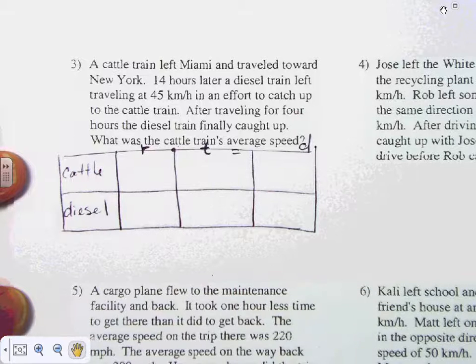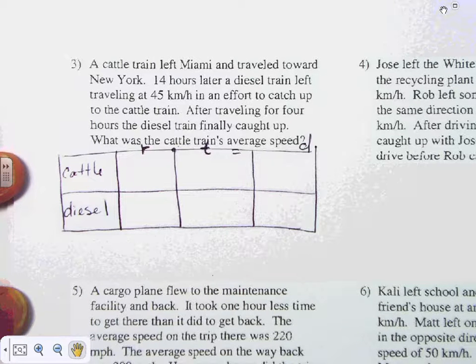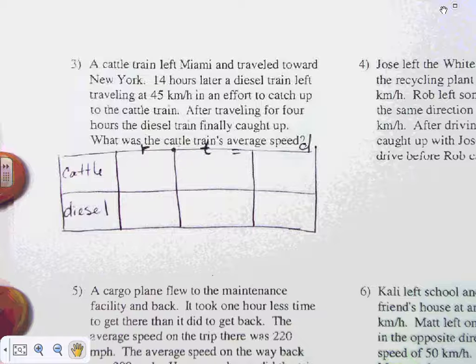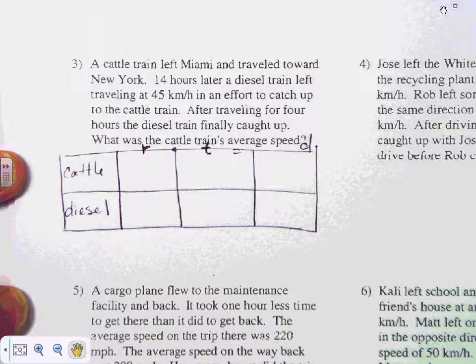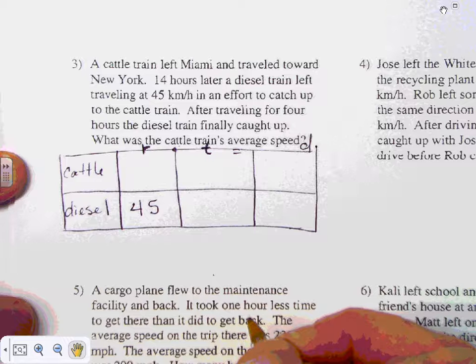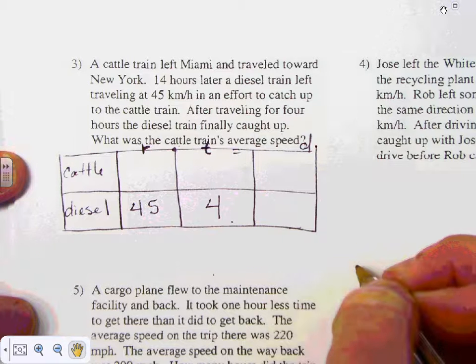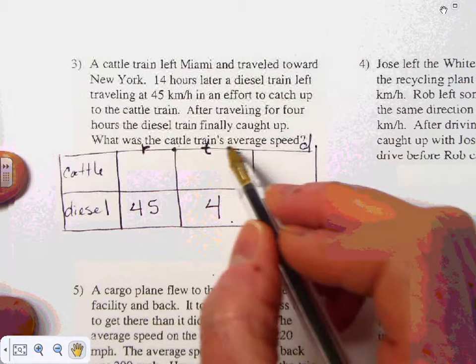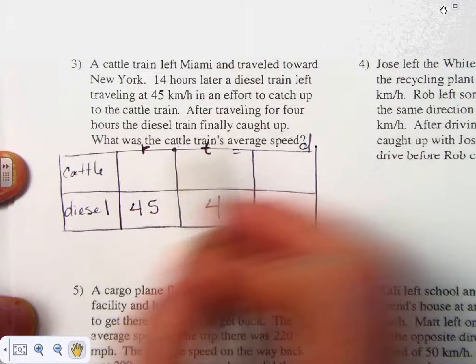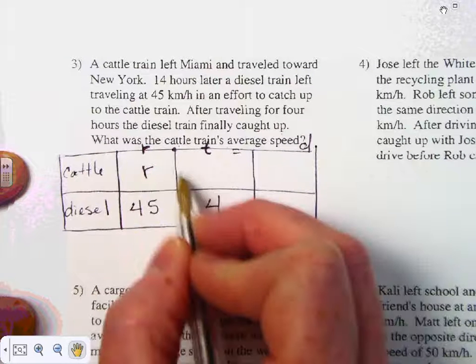So what do we know? 45. For what? The diesel train's going 45. That's the rate. And after traveling for 4 hours, the diesel train caught up. So this was 4. What was the cattle train's average speed? So this must be what we're looking to solve, right? We have to put something right here.